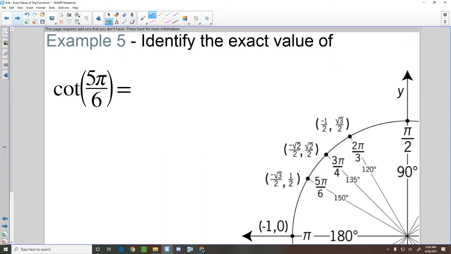So we know tangent and cotangent, that's when you're taking the two coordinates and making a fraction, x over y or y over x. For cotangent, it's going to be x over y.